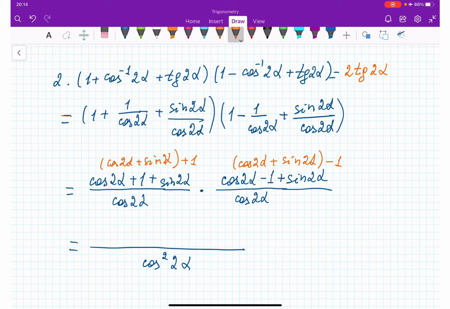Look at that. I get A plus B, A minus B. Yes?